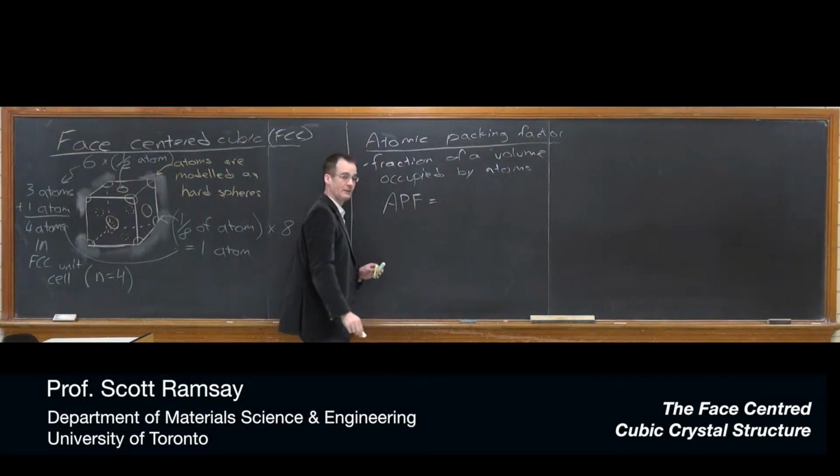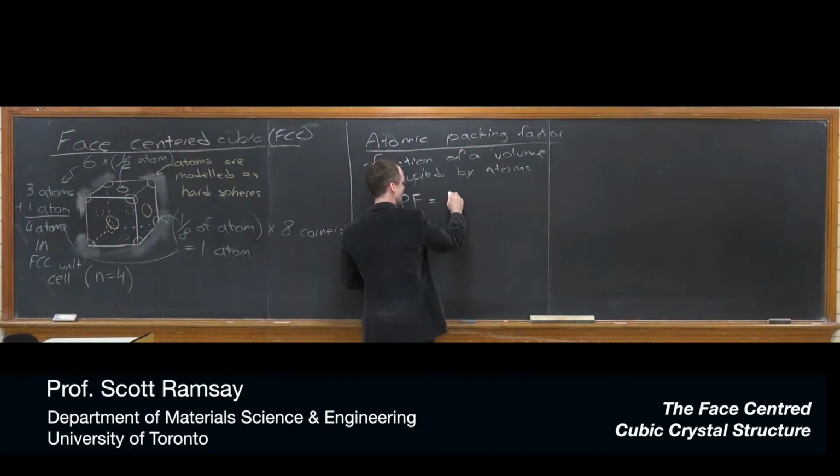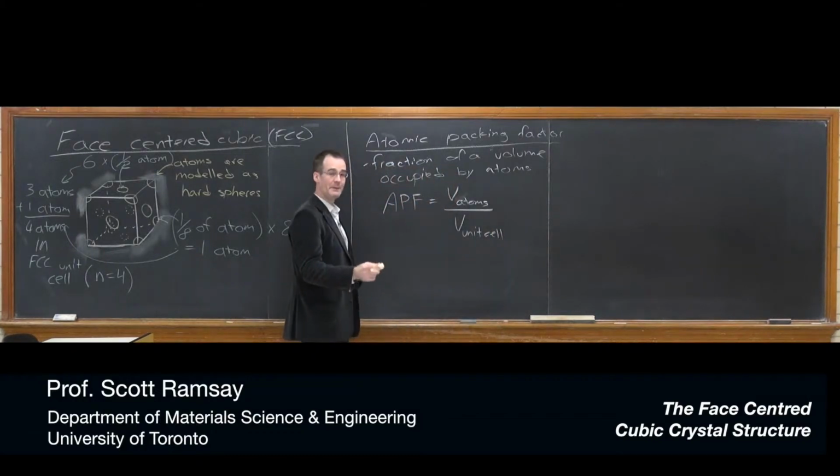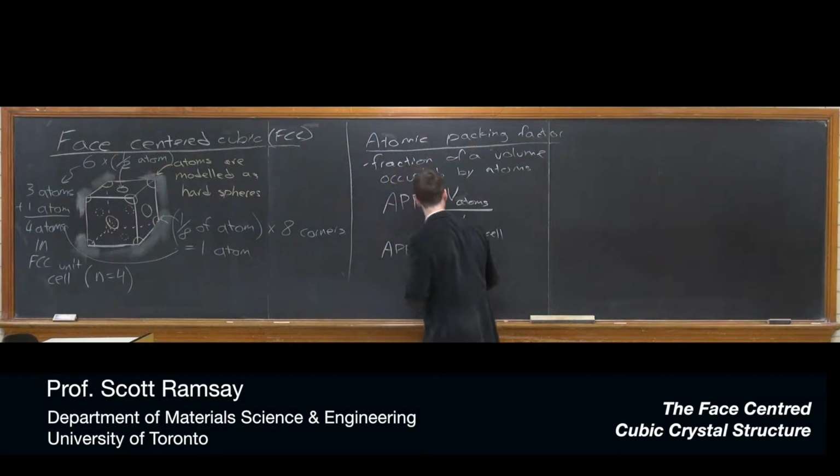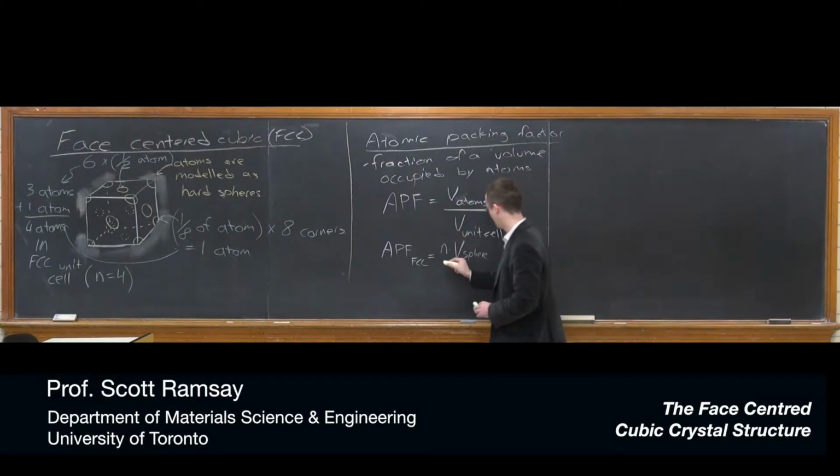And so, of course, the APF, the atomic packing fraction, is going to be the volume of atoms divided by the volume of the unit cell. And what will that be for FCC? Let's work it out. APF for FCC is going to be equal to, well, just the number of atoms inside a unit cell times the volume of a sphere, because again, we're modeling the atoms as hard spheres, divided by the volume of a cube, because we have a cubic unit cell.